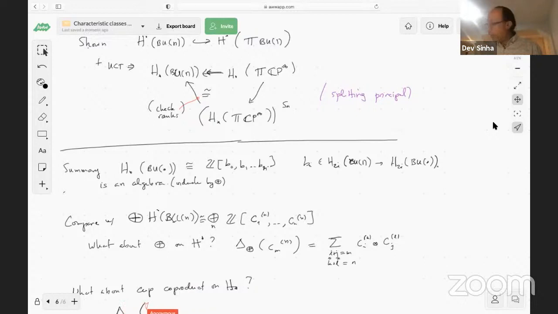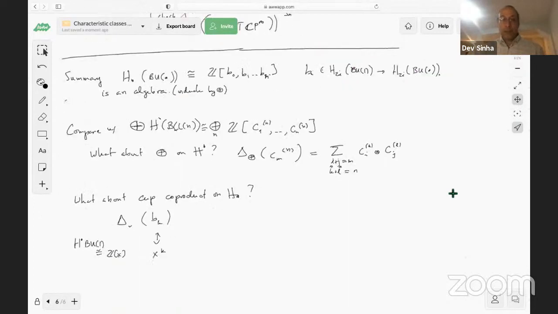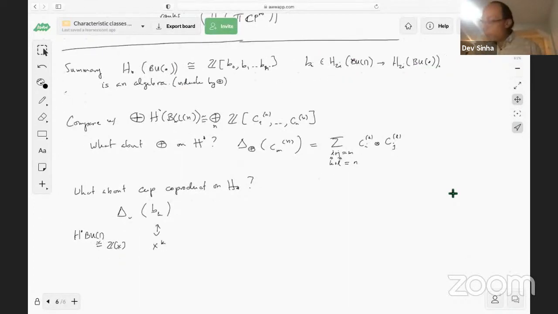In this case, one thing I can say is that the cup coproduct of b_k, because this is linearly dual to x^k, so the cohomology of BU(1) is the polynomial algebra on x over Z, then this cup coproduct just has to be this kind of sum.